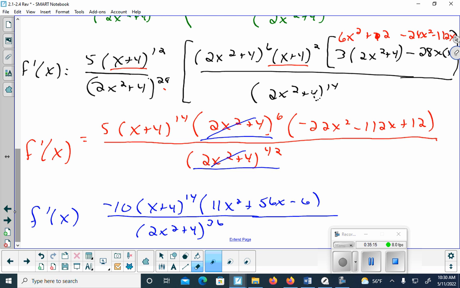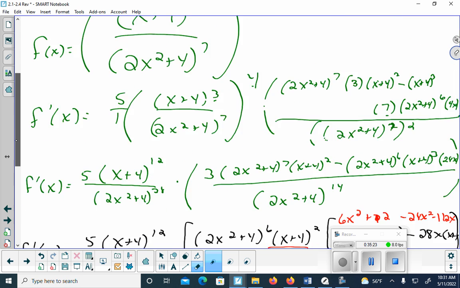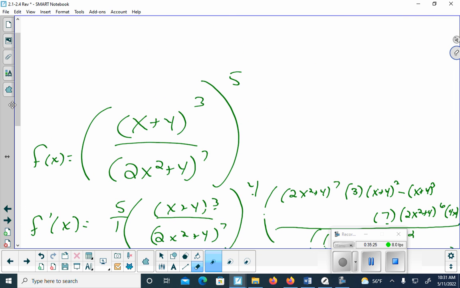There is a chance I could have made this a little bit easier. Could I not have made this a little bit easier? A lot easier. If at the very first step I would have made that x plus 4 to the 15th and 2x squared plus 4 to the 35th, it would have been a lot easier. But I didn't do that. I wanted to see if you guys could do it.